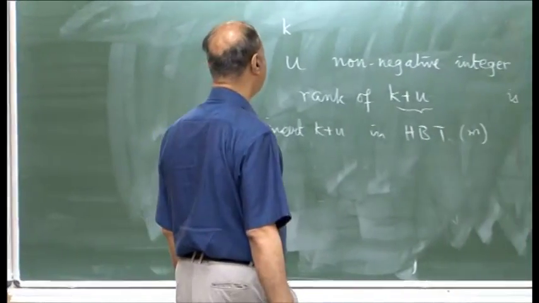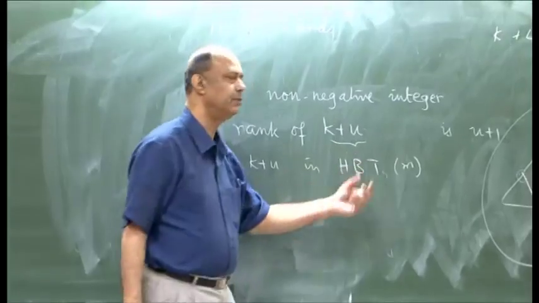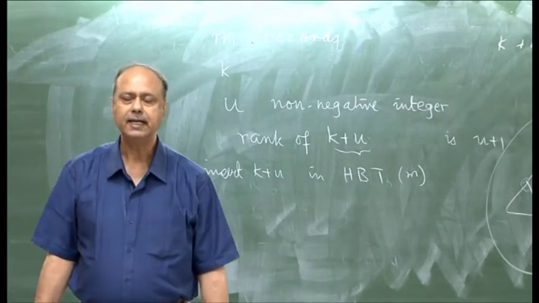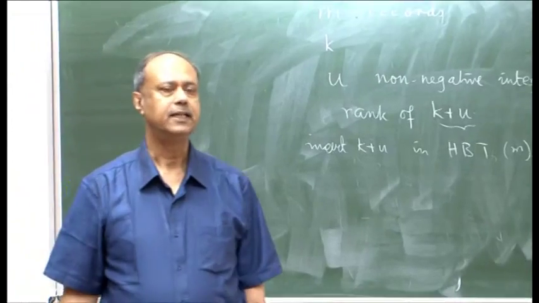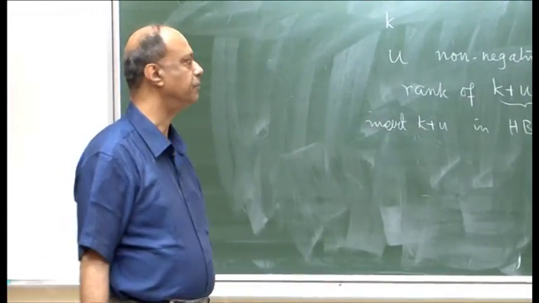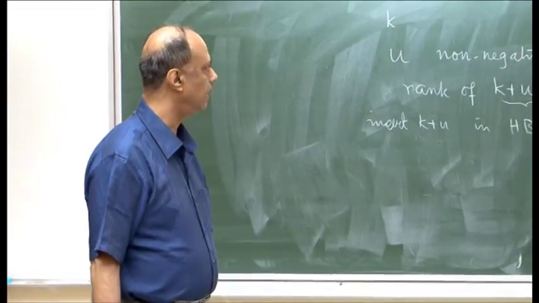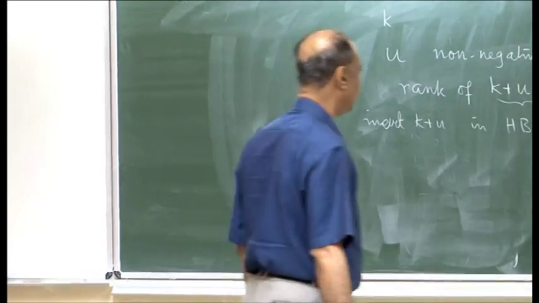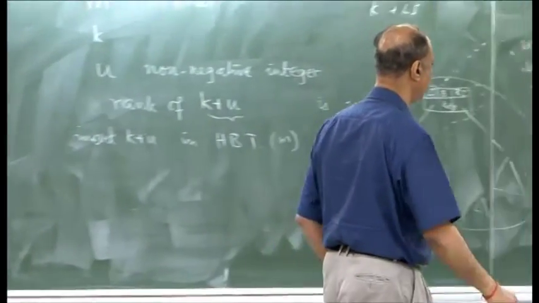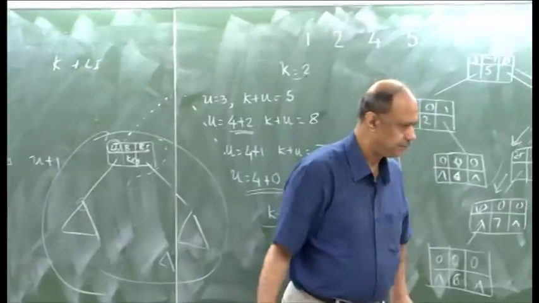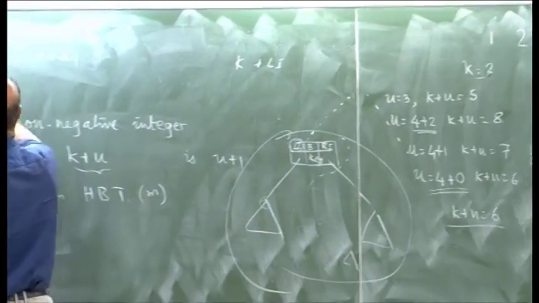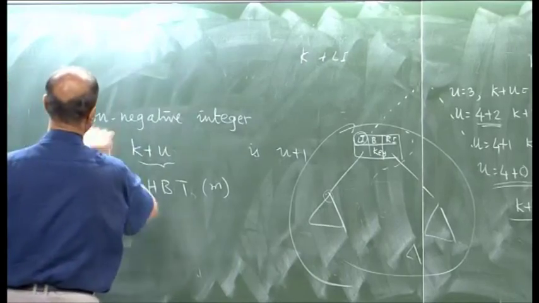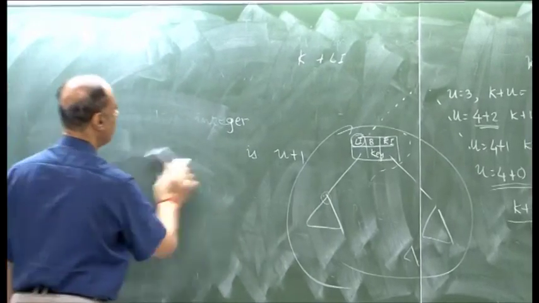And if you get that one, you insert k plus u into your height balanced tree and rebalance the tree, and also adjust the left information field and right information field values, right? And this can be done in order log n time. So these data structures will be used to generate the lexicographic permutations.